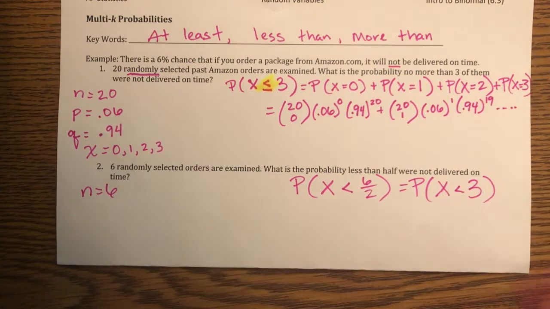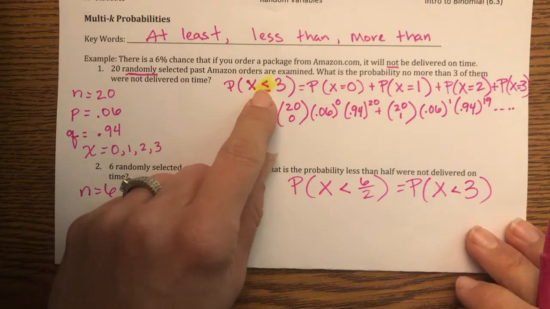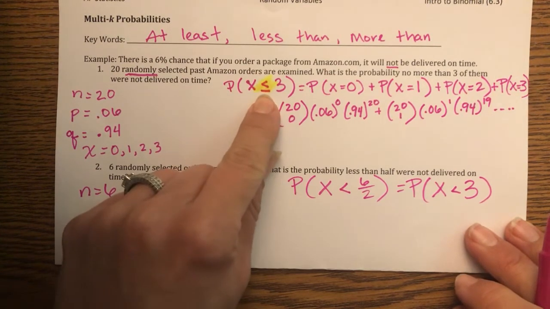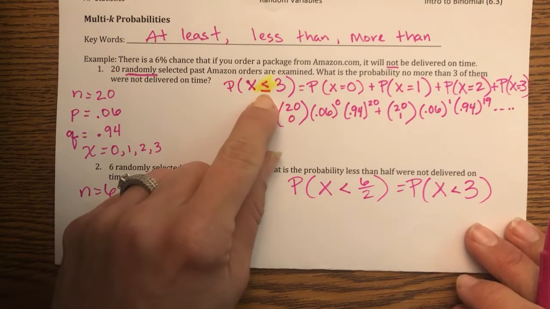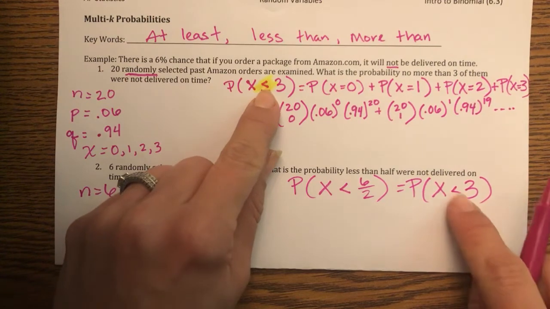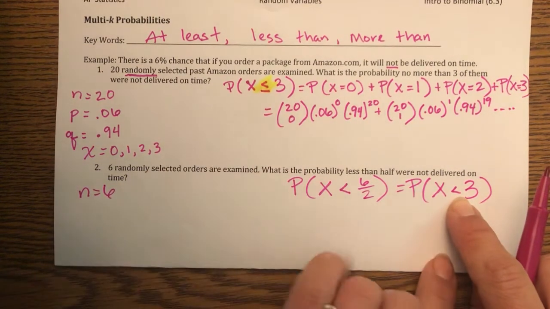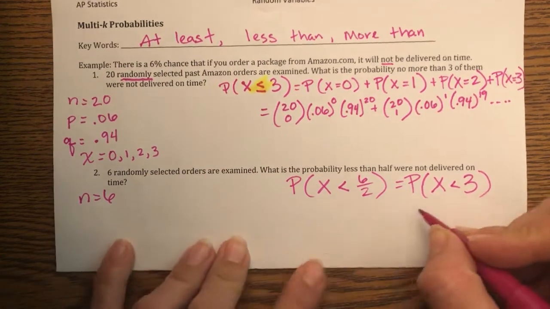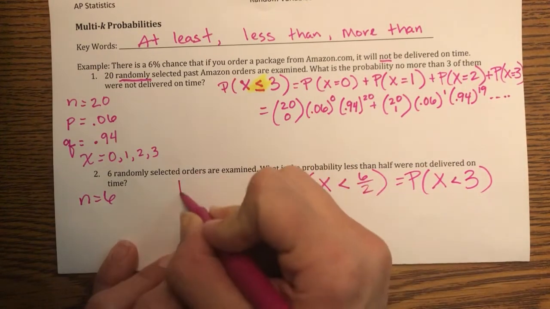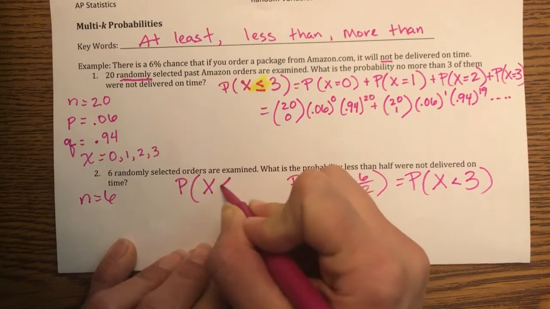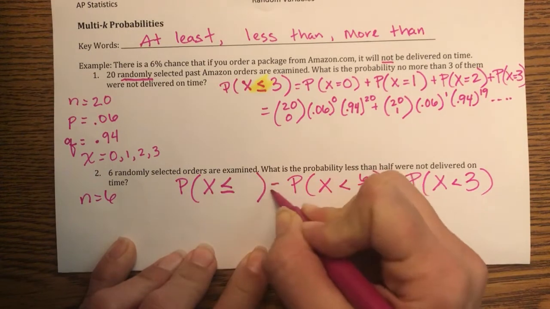So now remember what I told you. If I'm going to use my calculator here, I have to have this not as a less than sign, but a less than or equal to sign. So I need to think, how can I rewrite this same probability statement, but using a less than or equal to sign?